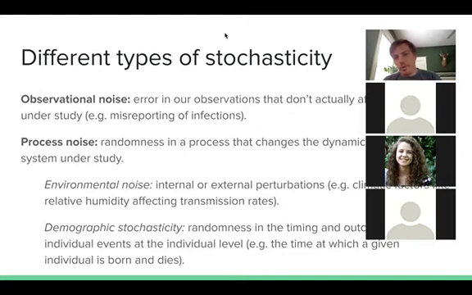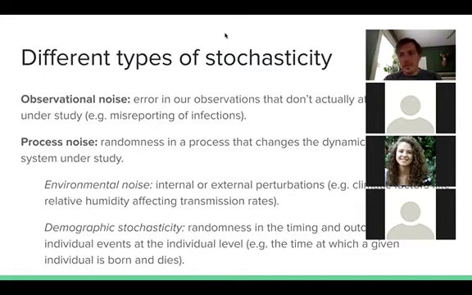So there might be underreporting or overreporting, and that would be a form of observational noise. But in terms of actually modeling dynamical systems like infectious disease dynamics, observational noise isn't actually that interesting because it doesn't actually affect the system under study. It doesn't change the future dynamics of the system.